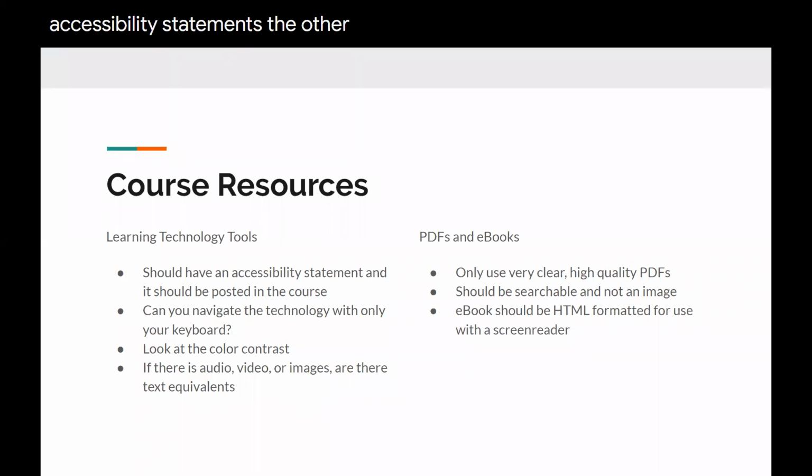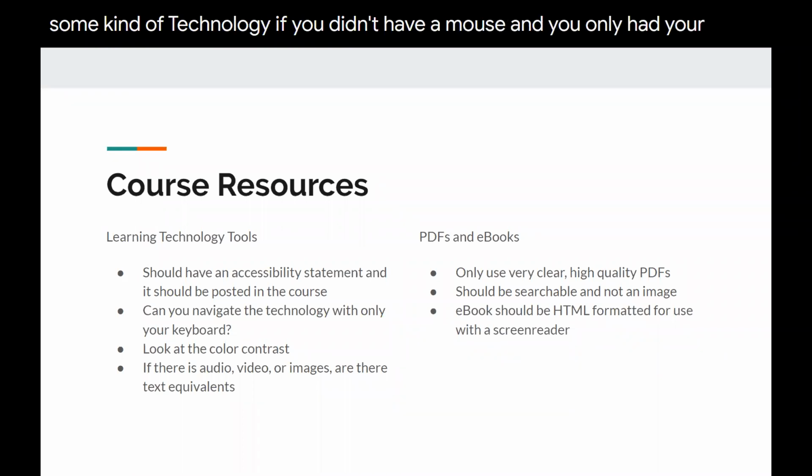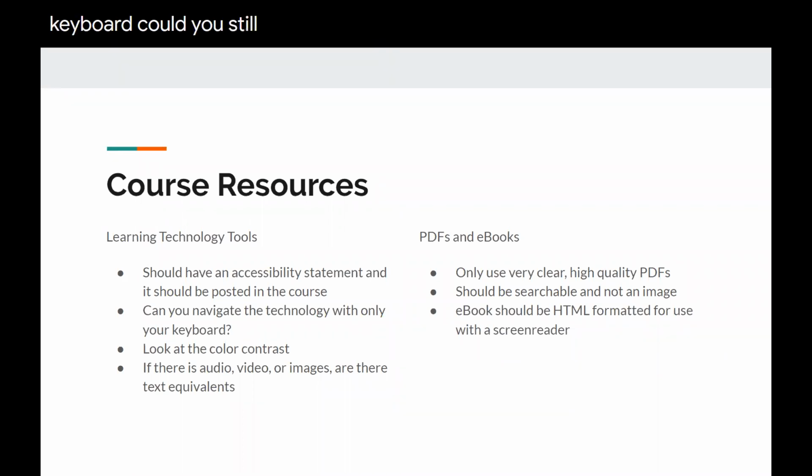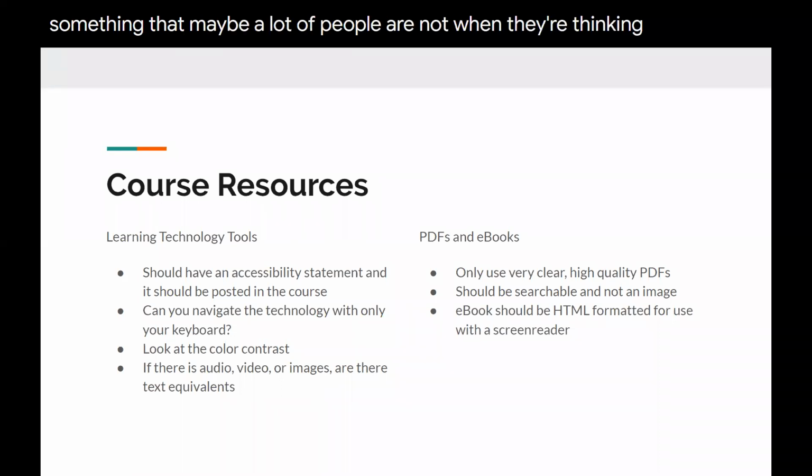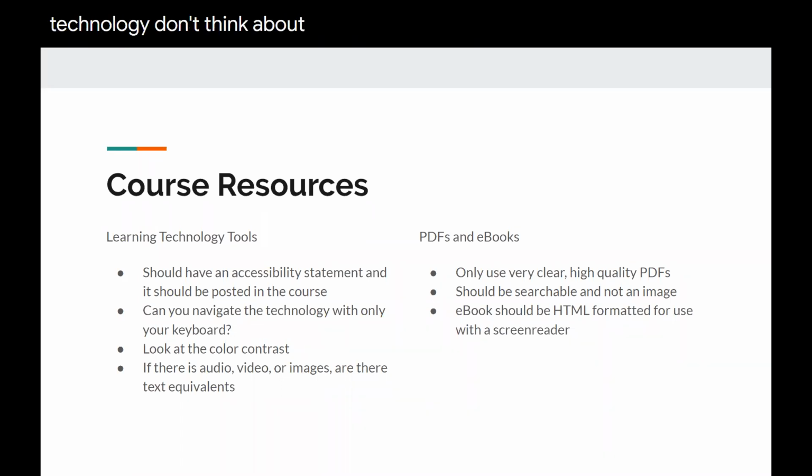The other thing you want to think about is if you're using some kind of technology, if you didn't have a mouse and you only had your keyboard, could you still use it? So that's something else to keep in mind. And that's something that maybe a lot of people, when they're thinking about technology, don't think about. Also, you want to look for color contrast.